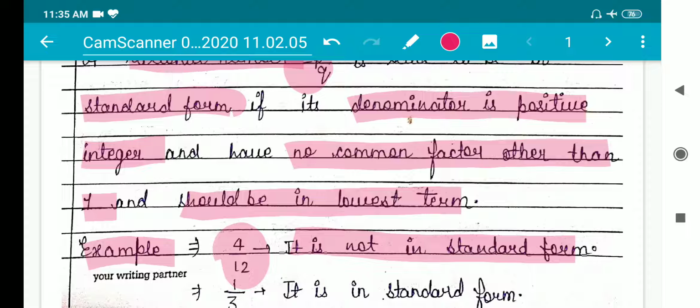Yes, its denominator is positive, but it can be reduced further, so it is not in standard form. Whereas 1 by 3 is in standard form because its denominator is positive and it cannot be reduced further.